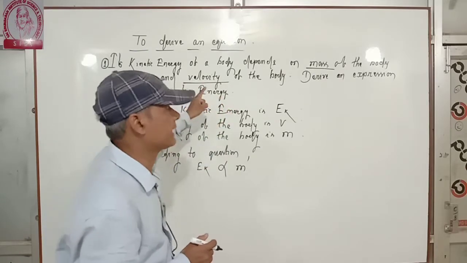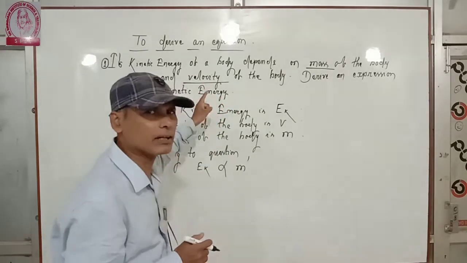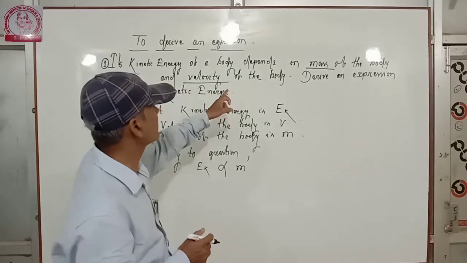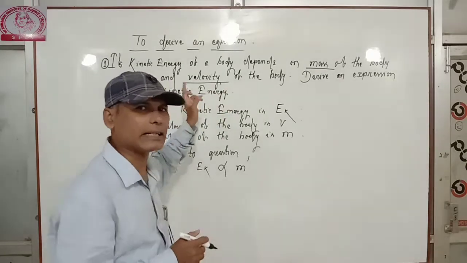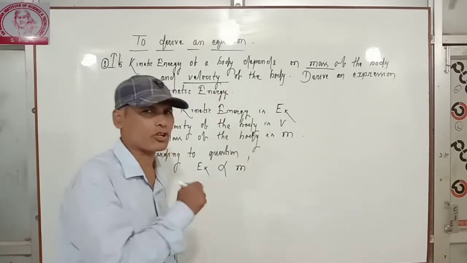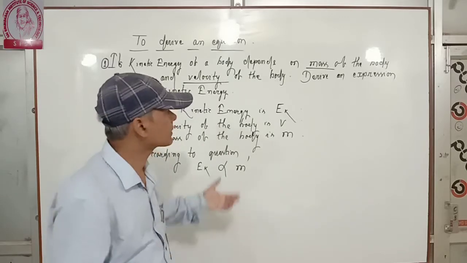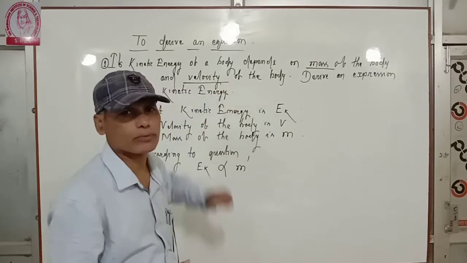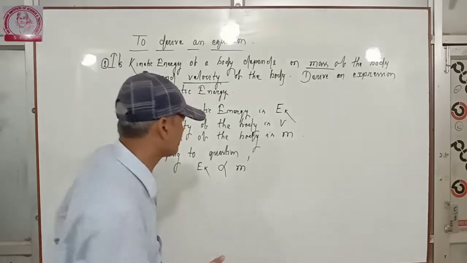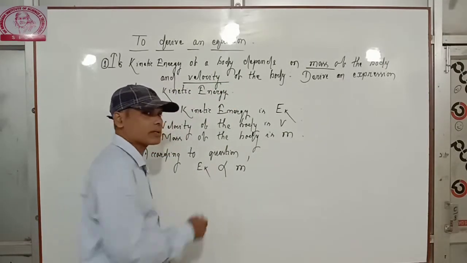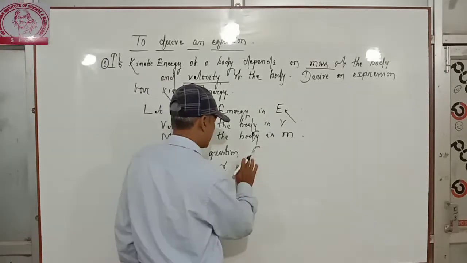Only it is stated that kinetic energy depends on mass of the body, but in which form is not mentioned. So Ek is proportional to m to the power x.